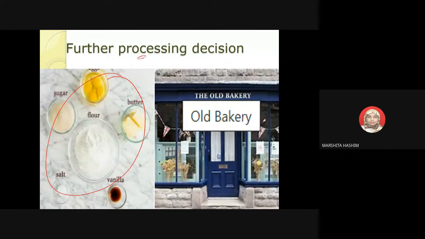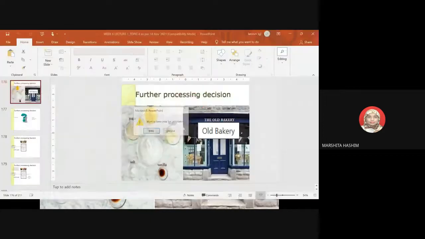Let's say this is your cake. Now you plan to further process your cake into two other products, maybe birthday cake and also trifle. So this decision is known as issues relating to further processing decisions.